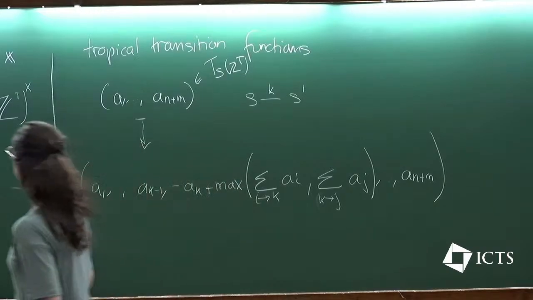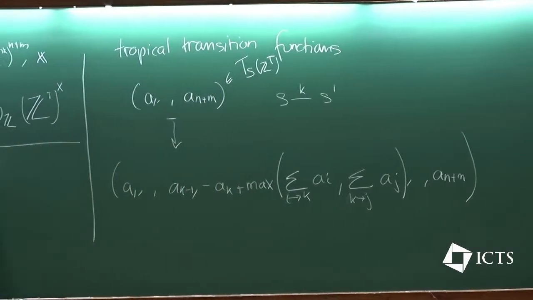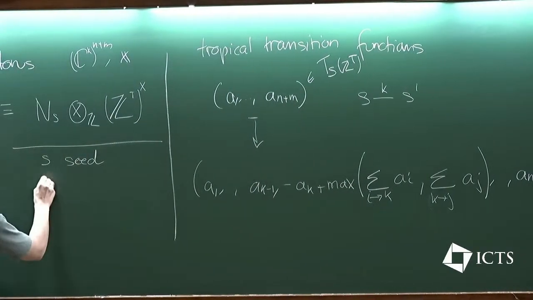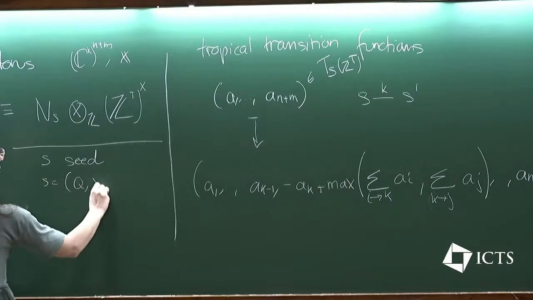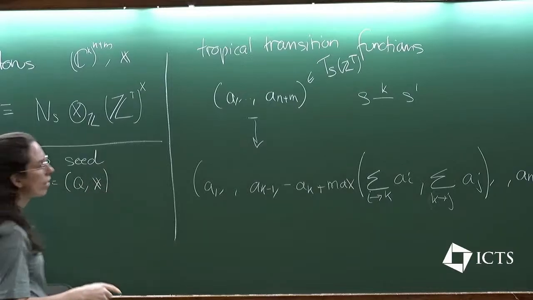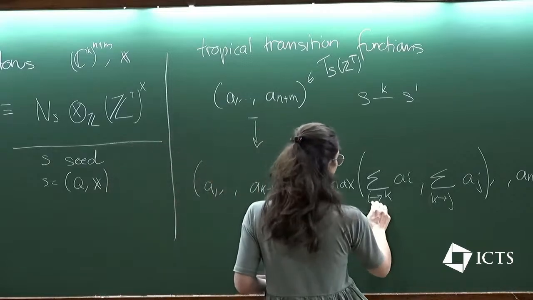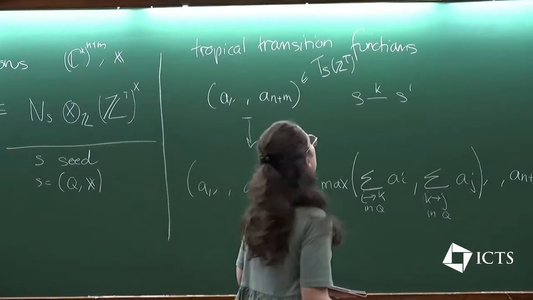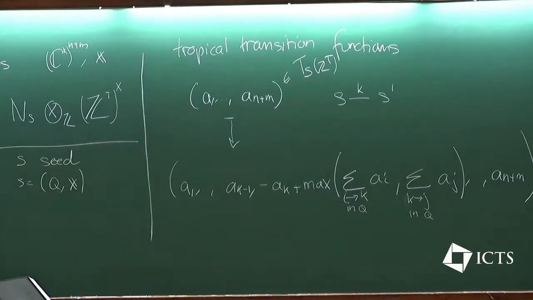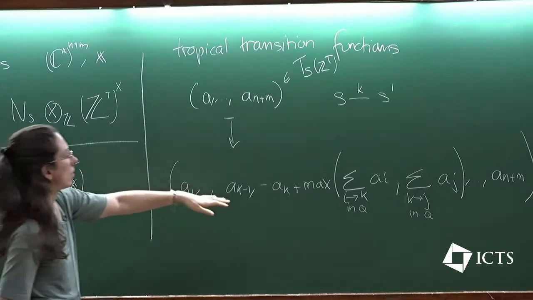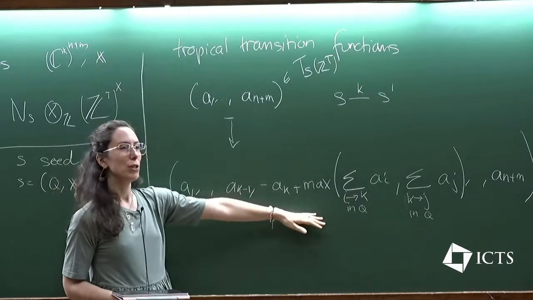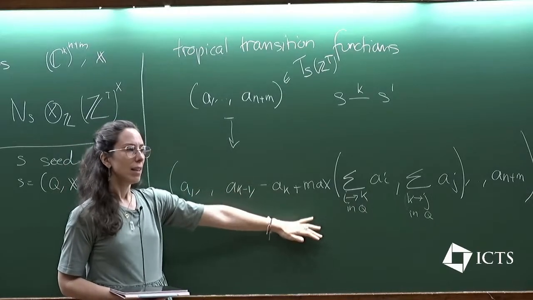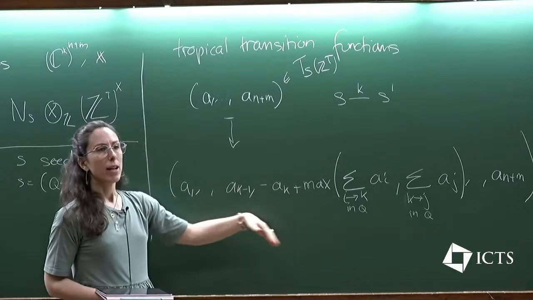So just to be clear here, S is a seed. That means it is a quiver together with a tuple of cluster variables, and these are arrows in my quiver. For the definition of the cluster variety, we had to be a bit careful because the usual version working over a field was not well defined everywhere on the torus.